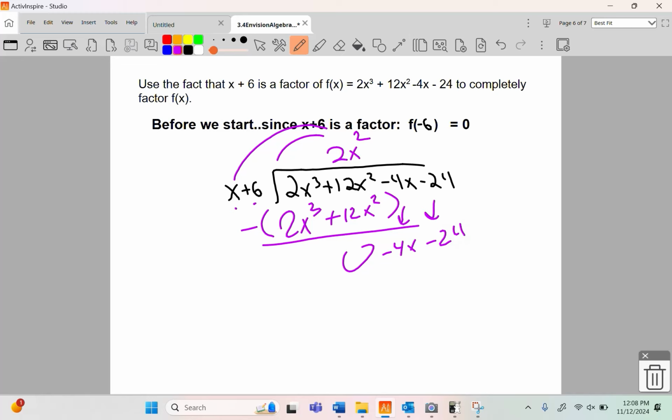Now, what do you multiply x by to become a negative 4x? Negative 4. You distribute, x times negative 4 is negative 4x. Negative 4 times 6 is negative 24. What's going to happen with those things? They cancel out. You had to have a remainder of 0.